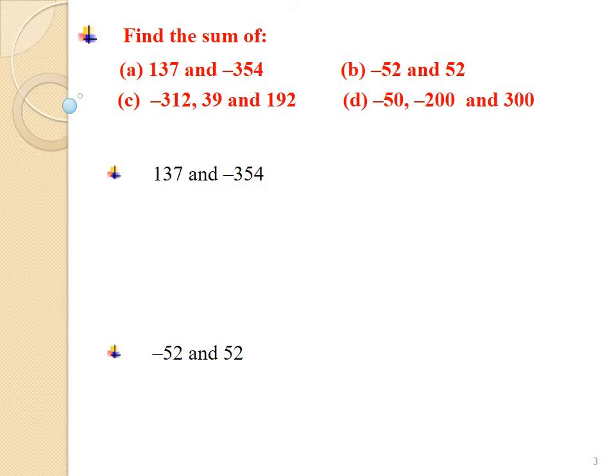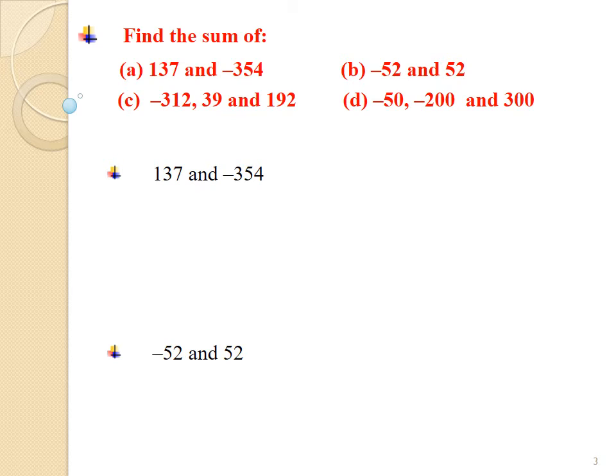Students, we came to know the rules of addition of integers: in order to add two integers, if the integers have common sign or same sign, then we have to add as a whole number and the answer we get with common sign.